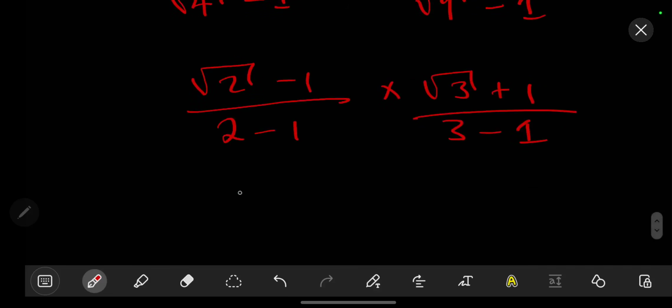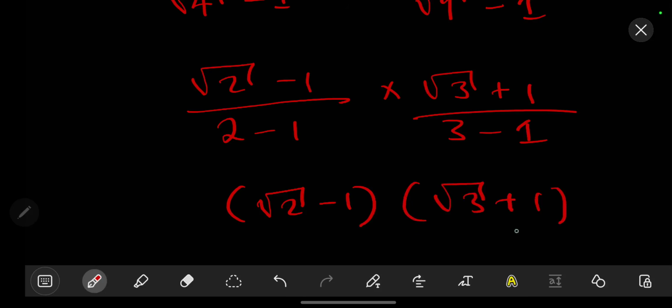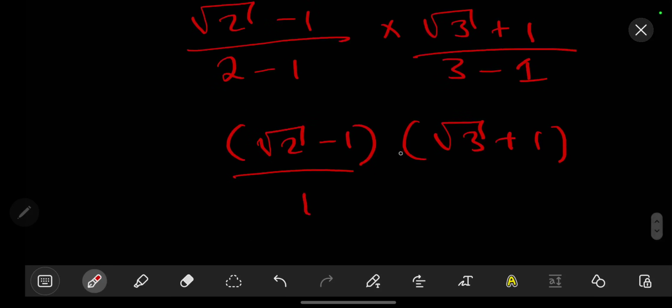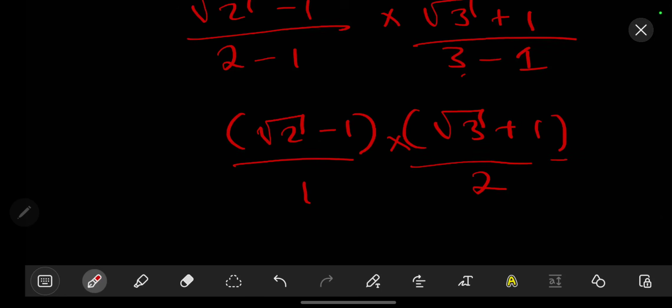So we are going to have something like the root of 2 minus 1 times the root of 3 plus 1 over, we have 2 minus 1 is 1. So we are multiplying times 3 minus 1 is 2.